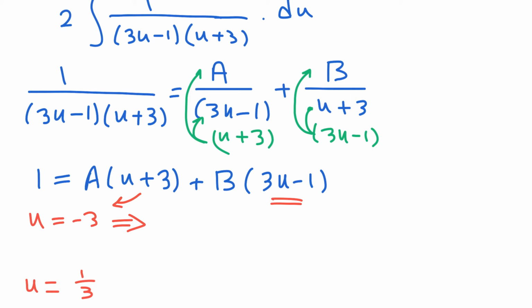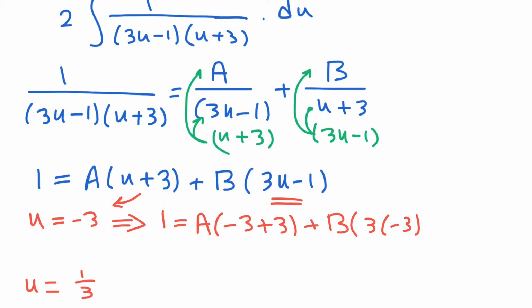u equals -3. So 1 equals A times (-3 plus 3) plus B times (3 times -3 minus 1). As you see now, the first brackets is going to be equal to 0, and the second brackets gives me the value of B. So -3 plus 3 will be 0, so A will be eliminated. 3 times -3 will be -9, minus 1 is -10, so it will be -10B.